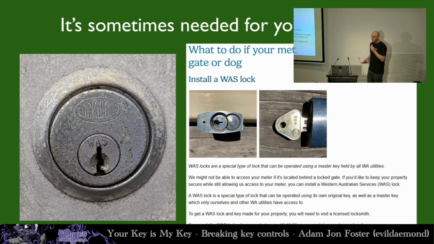Now, the idea of it is that if you have a company and you go, hey, I need to get into this meter box or this water area, I want the utility company to get in. They'll put this lock on their stuff and say, yeah, you can open it. And it's supposed to be restricted. It's supposed to be like, utility company is the only one who has it.